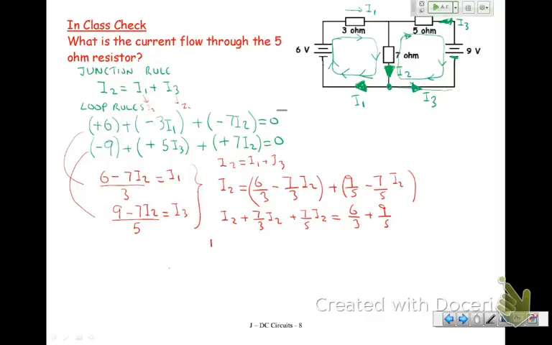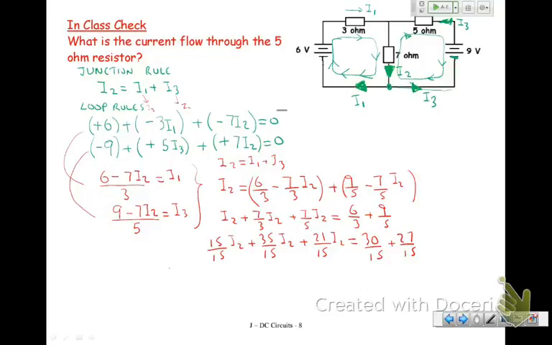That's 15 over 15 I2 plus 35 over 15 I2 plus 21 over 15 I2 is equal to, might as well keep it in 15s, so that would be 30 over 15 plus 27 over 15.